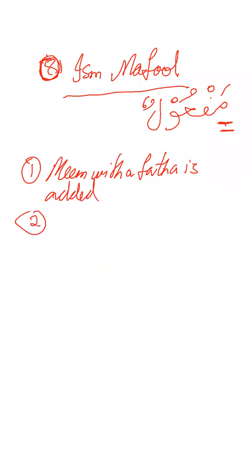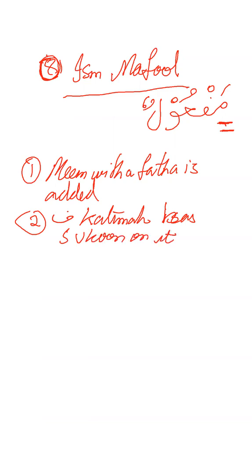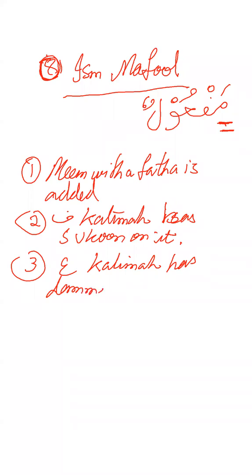Number 2, fa kalima has sukoon on it. Number 3, ain kalima has dhamma on it.